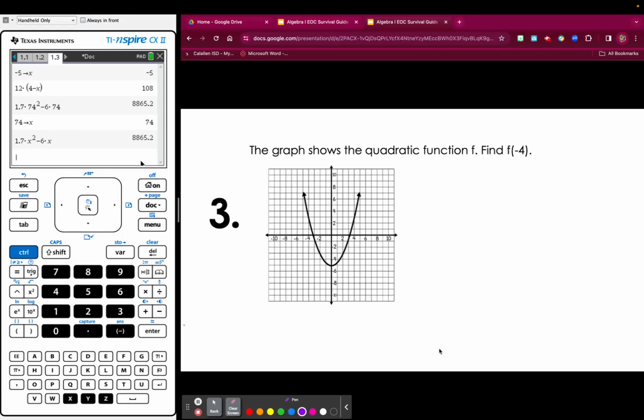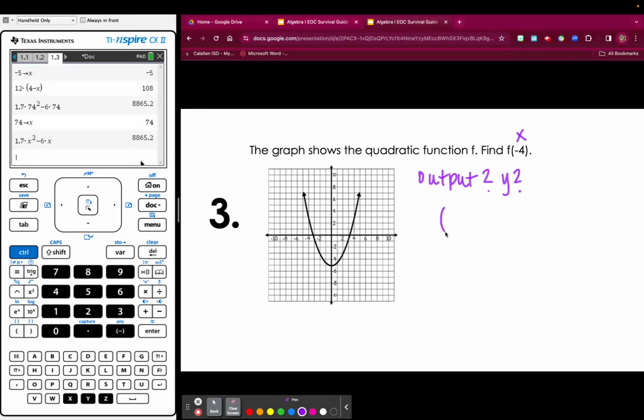Number 3 says the graph shows the quadratic function f, and we want to find f of -4. When you're trying to find f of -4 from a graph, basically that means it is asking you what is the y value for an x value of -4. I am looking for the output, because my input is -4, my output or my y value.